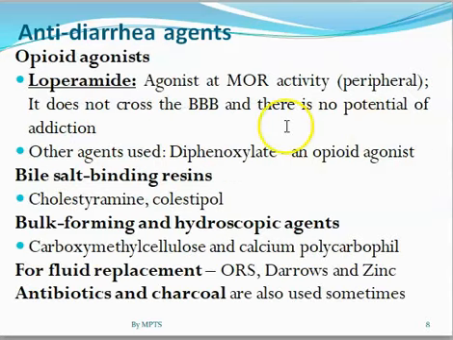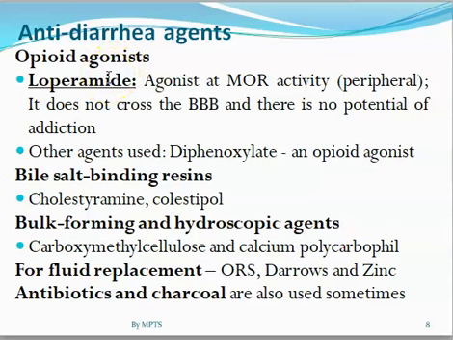Now, the common antidiarrheal agents include loperamide, an agonist at the mu receptor. We shall look at this one properly when we reach opioids, because we know that opioids cause constipation.